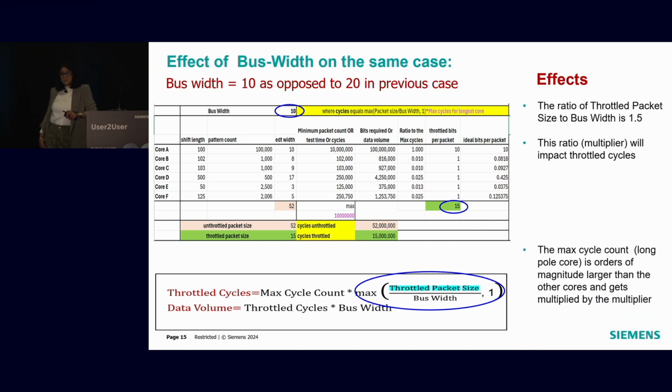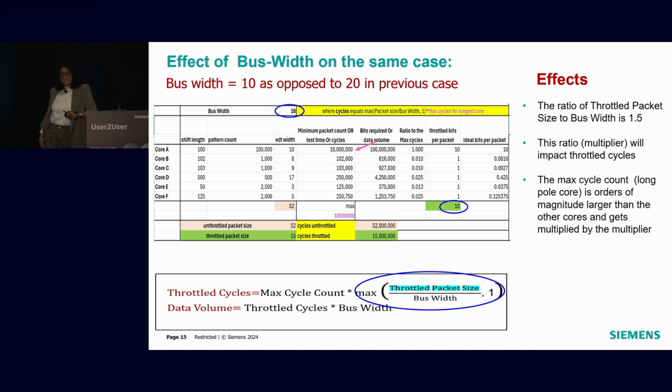The max cycle count still is orders of magnitude larger than the rest of the cores: 10 million versus all the rest of the cores. And this max cycle count also plays in the equation of deciding your long pole cycle count.